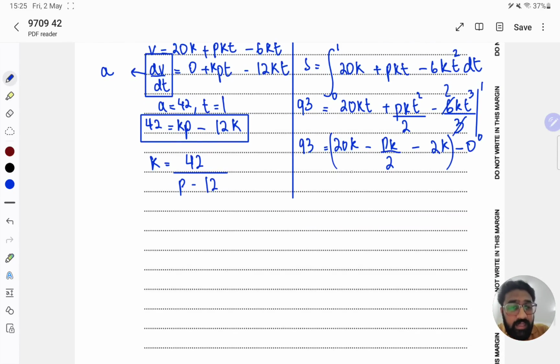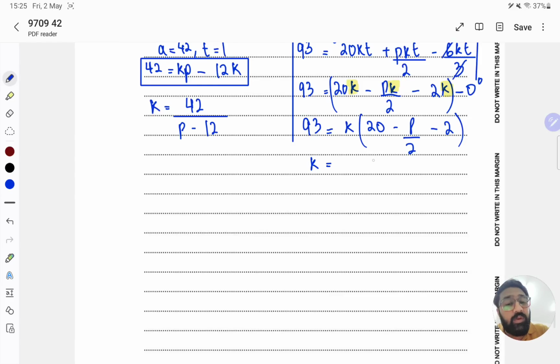So what I can say is that I have k common over here. Let's take this k common. It will become k times 20 plus p by 2 minus 2 equals 93.